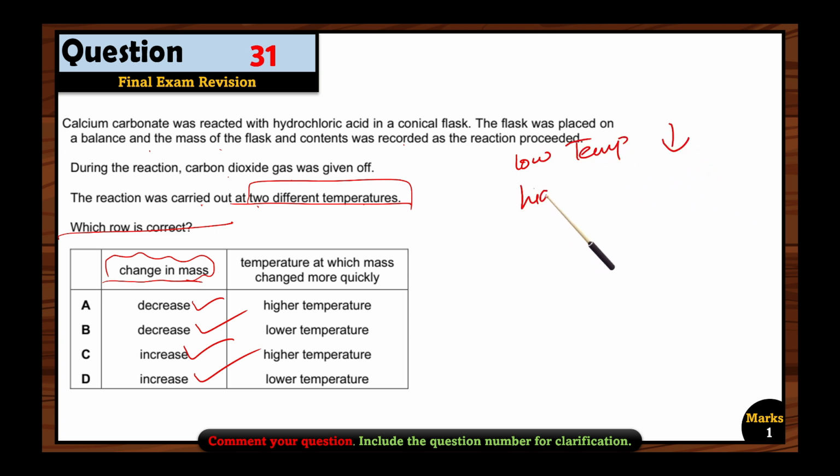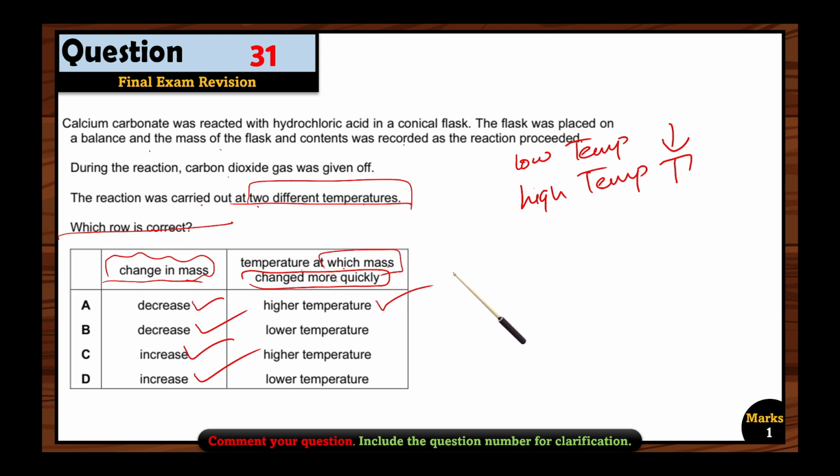If you use a high temperature, it can increase. So any statement can be right, but what is the reason behind it? Temperature at which the mass changes more quickly. If the mass changes more quickly, it means that temperature is actually the higher temperature, right? So if the mass changes quickly, then it's a higher temperature.